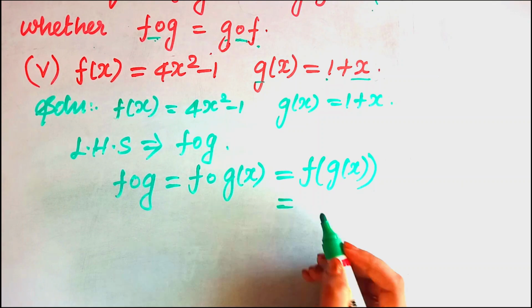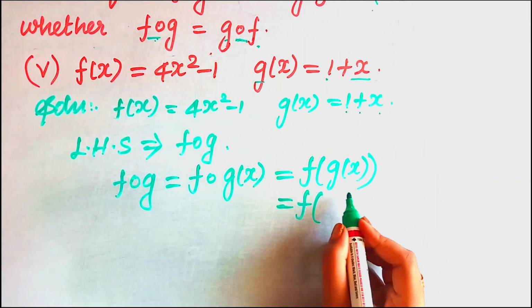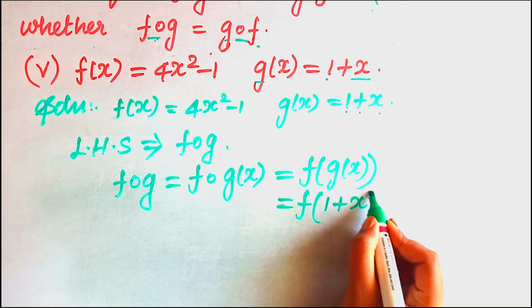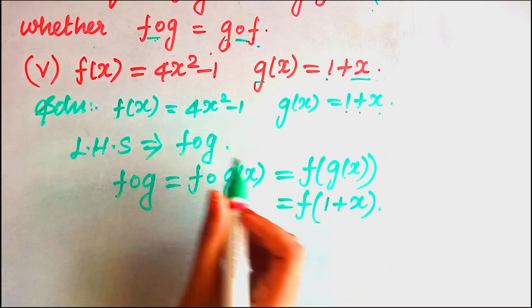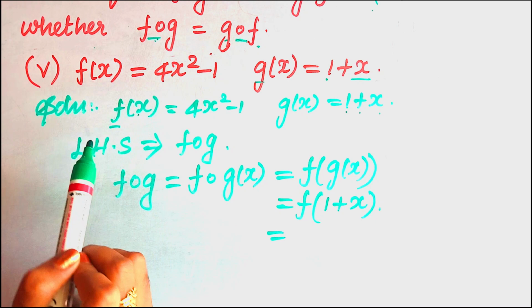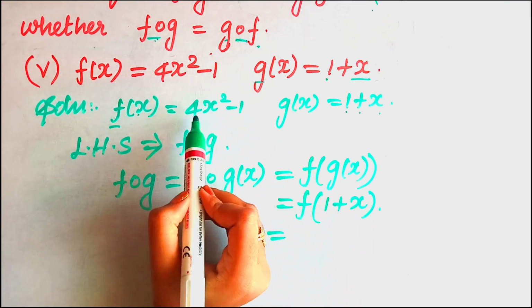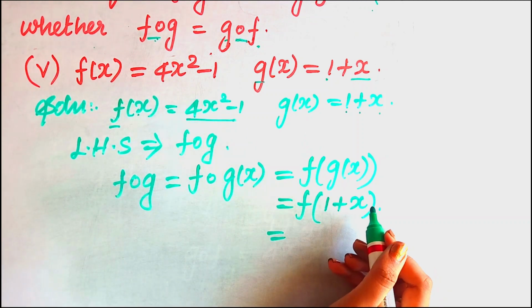Now let's substitute the value of g of x here, which is 1 plus x. Then we'll have the function f, but here there is an x. In the place of x we have 1 plus x. So in the equation, in the place of x, you have to substitute 1 plus x.